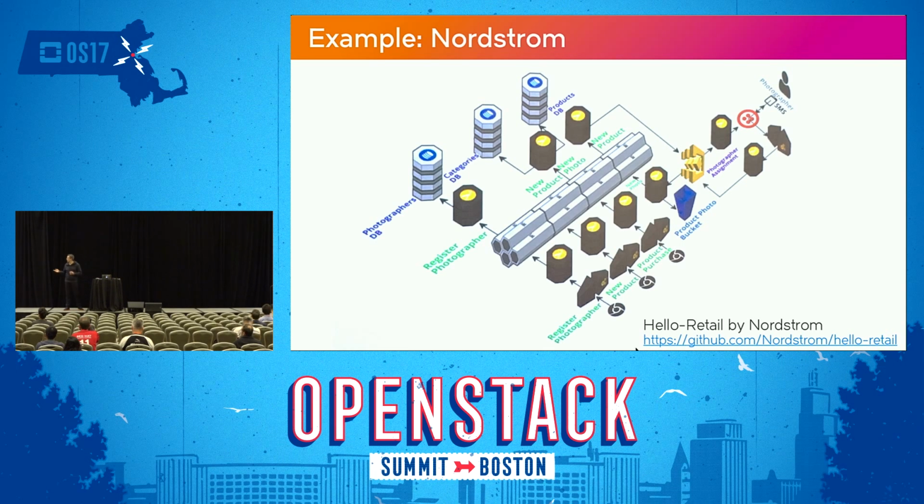An interesting example is from Nordstrom. They built a canonical application that they have been using internally for developers to bring them up on the technology stack. It is Hello Retail, a proof-of-concept application that we can check out on GitHub and see how it works.